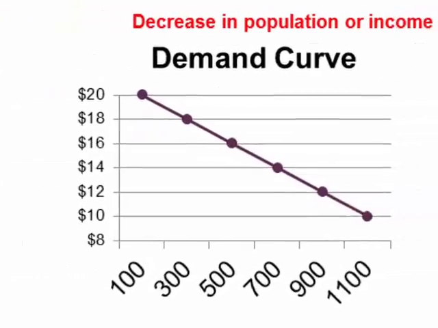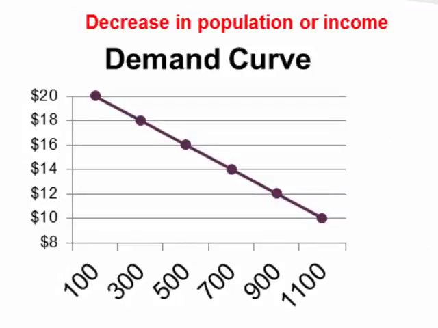The opposite is also true. If there's a decrease in population, like people are moving out of the city, or maybe hard economic times and people aren't making as much money, they're losing their jobs, then without changing the price point, the demand curve will shift to the left. If there are fewer people, fewer DVDs will be bought because there are fewer people to buy them.